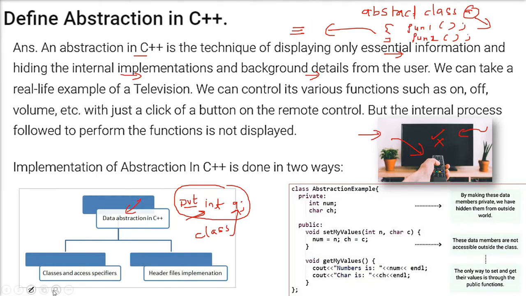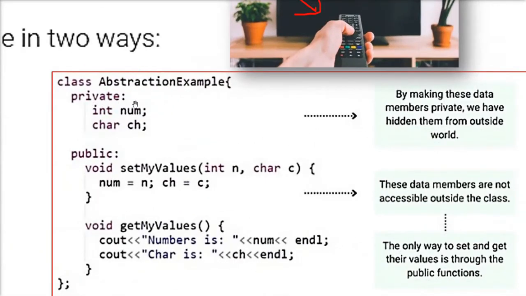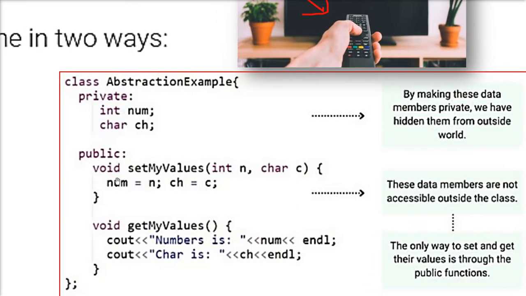Few of these I am giving. Let us take this example. This is an abstraction example. You have made these two variables, one is integer, one is character, as private. So now you have given an abstraction here. Similarly, you can also do it with this function. So this function is accessing the private members. These private members are only accessible to this function, not outside.